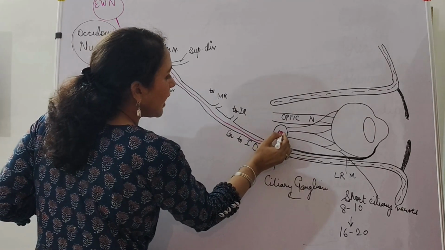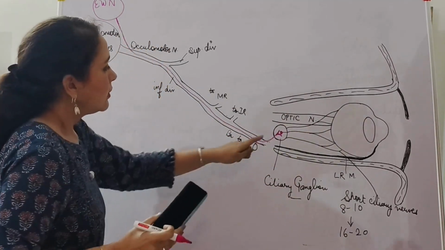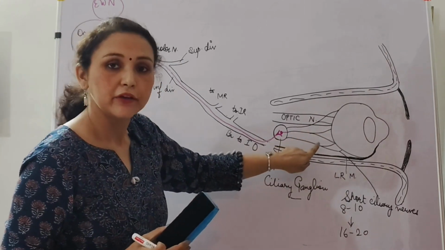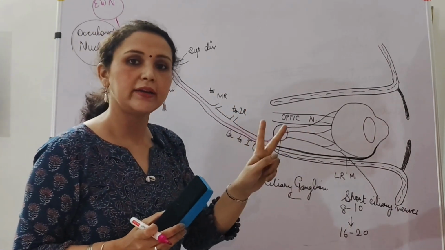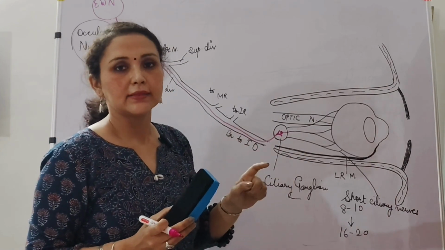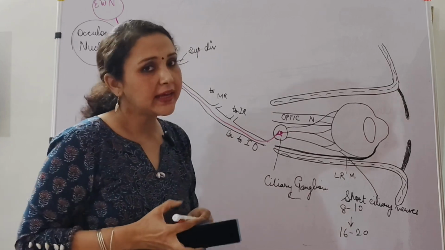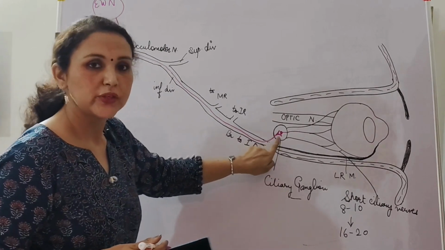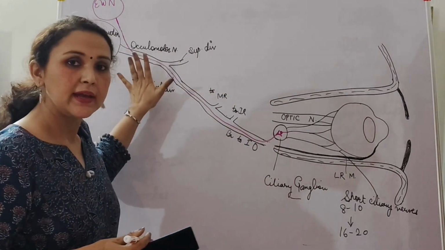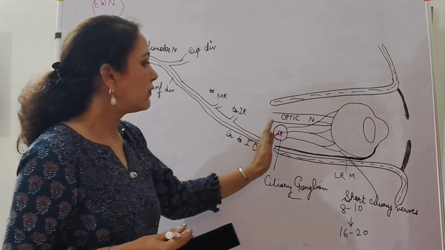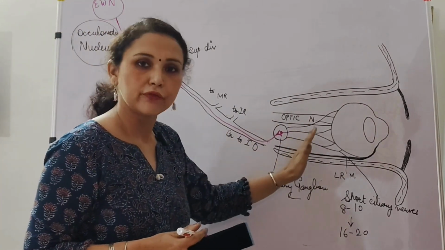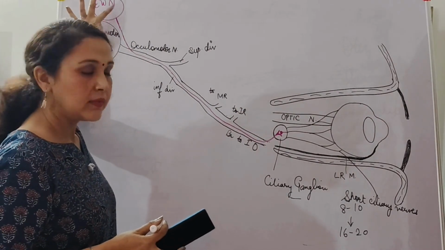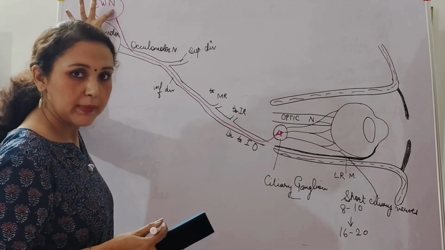Relay in the ciliary ganglion, and then further the fibers which will arise, they will supply through the short ciliary nerves two structures. We already did sphincter pupillae and ciliaris. I'll again repeat it. This is the ganglion in which relay is occurring. So we have the preganglionic before the ganglion, and the postganglionic which arise after the relay. The preganglionic fibers will arise from Edinger-Westphal nucleus in the midbrain.